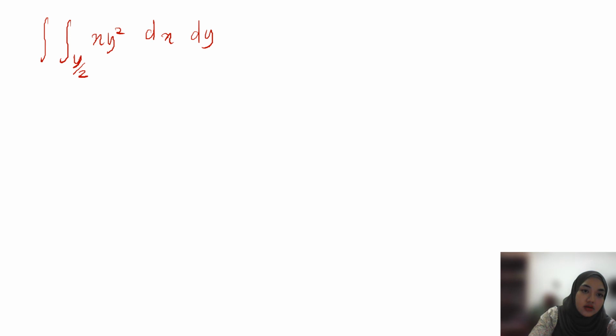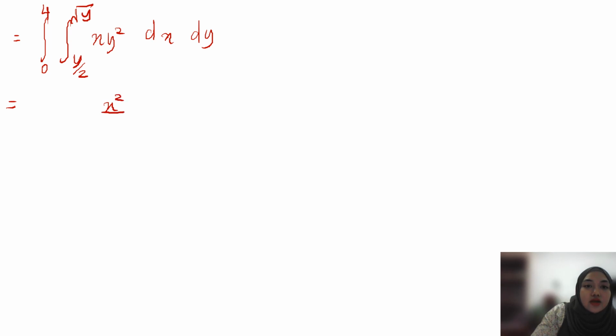So I rewrite again the reversing order: xy squared dx dy. So our x goes from y over 2 until the square root of y, y from 0 until 4, and then this is the function. So you have to integrate with respect to x first.